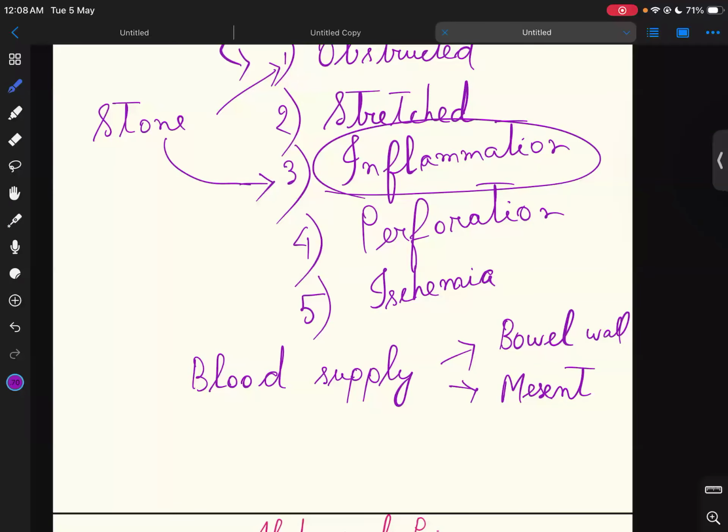Like peripheral vascular disease, anyone having long-term diabetes, dyslipidemia can have peripheral vascular disease, like one of his lower limb blood vessels can get obstructed. In the same way, these mesenteric vessels can get obstructed, resulting in bowel ischemia.